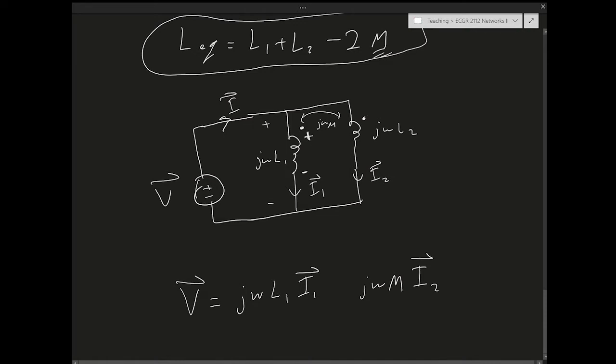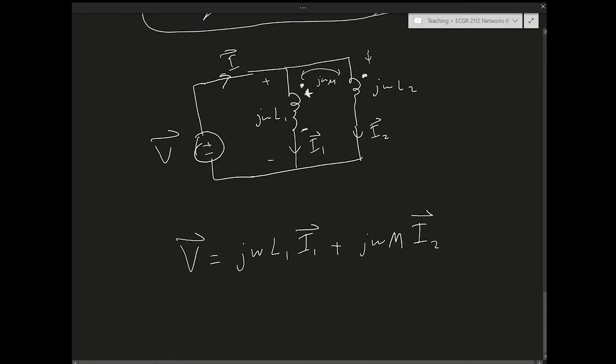Now we need to determine the sign. Let's start with the dot convention. I2 is entering the dot, so that's positive. But we're not done. Is the polarity of the voltage I'm interested in the same as the polarity of the dot? Yes, so this remains positive. And then I go to the second branch.